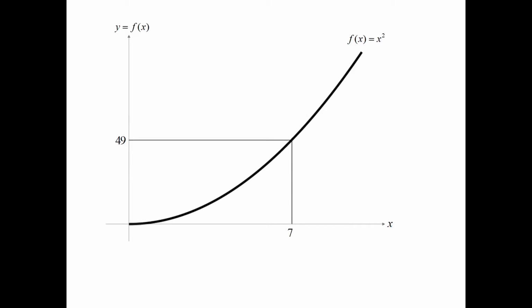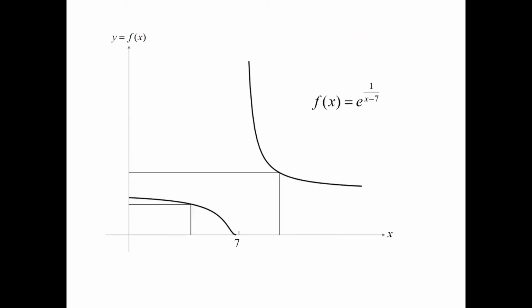Now, of course, the limit doesn't always exist. And here's an example where the limit doesn't exist. So let's say we want our limit at 7. And if we approach from the left, then here's our input for the left. Draw it up to the function. There's our output. And then from the right, here's our input from the right. Go up to the function. There's our output. And as we approach 7, notice what happens to the outputs now: the outputs get farther and farther away.